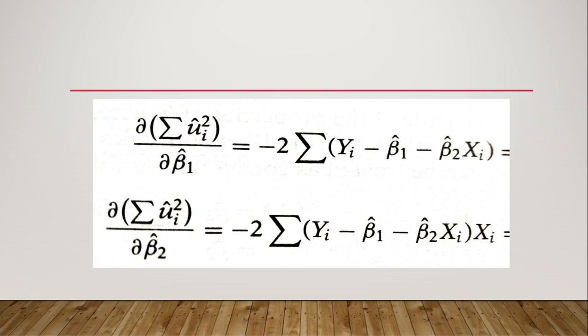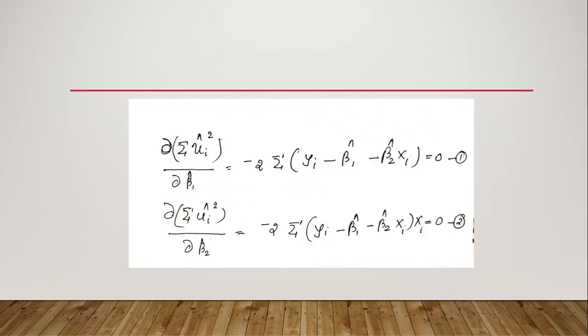So minus 1 into 2, that is minus 2. So this is equal to minus 2, we are taking minus 2 outside the summation: minus 2 into sigma (yi minus beta 1 hat minus beta 2 hat xi) into xi. So we are equating that to 0.